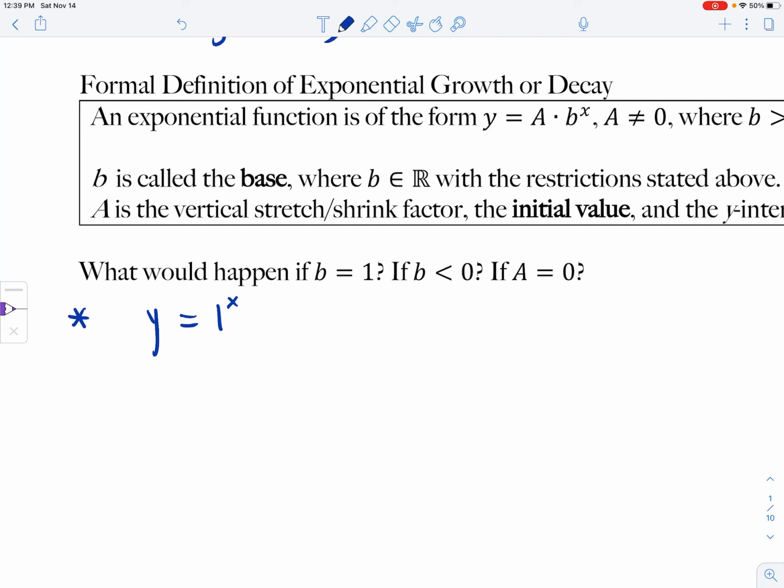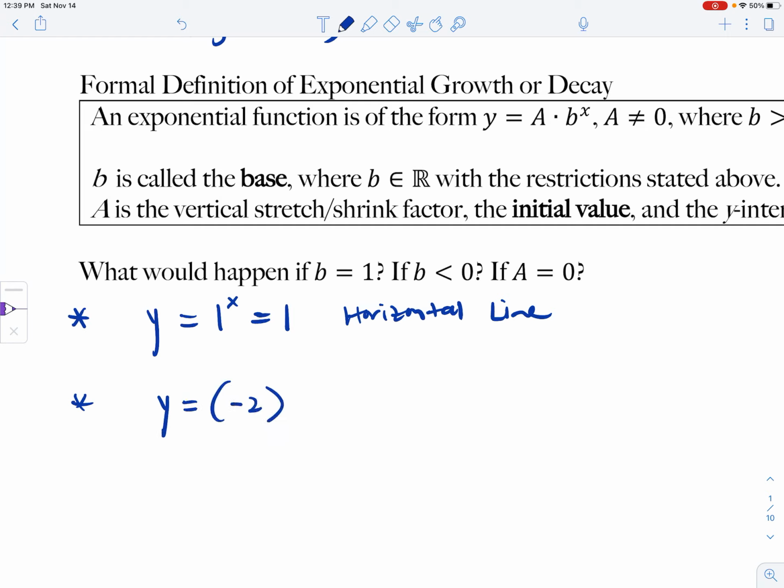If you raise 1 to any real number, so if you plug any real number in for x, 1 raised to that power would just be equal to 1. So y equals 1 is just a horizontal line.